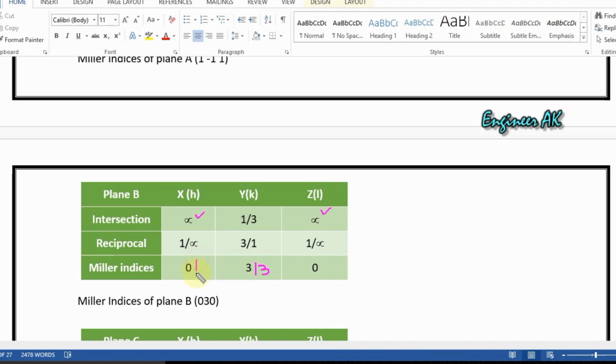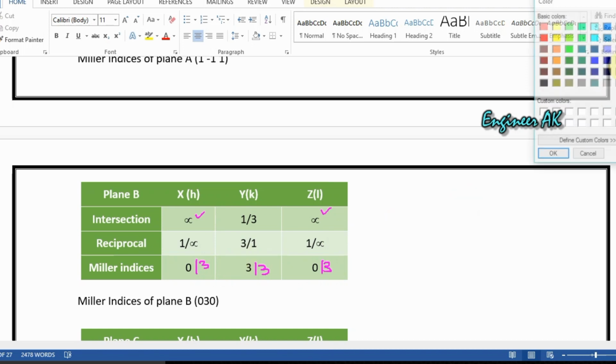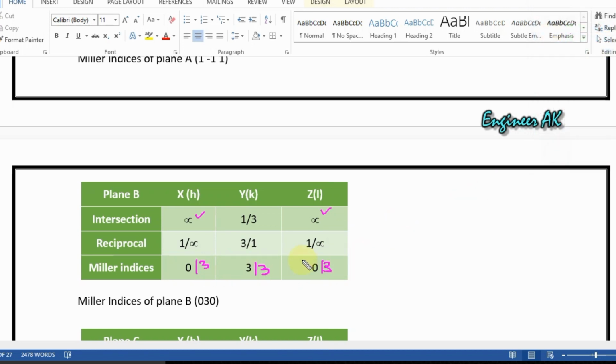Dividing each by 3, the zeros stay 0 and the 3 cancels out to give 1. So its Miller indices will be 0, 1, 0, right? This is for plane B.